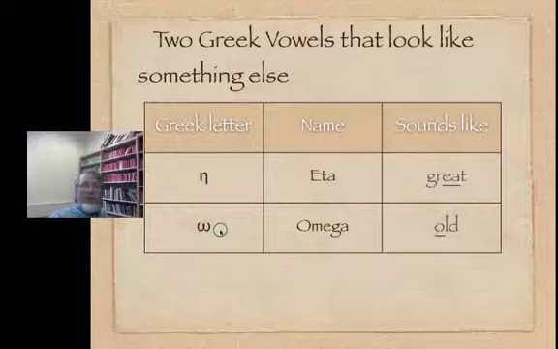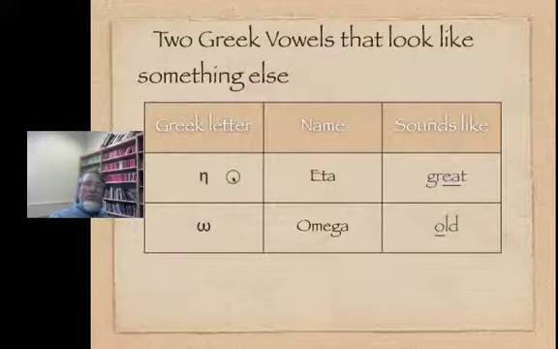So, the epsilon is pronounced with one beat. The eta is pronounced 1, 2. That's a long E in Greek. The omicron, the short O, omicron, you hear it, micron, little o, is pronounced with one beat. Omega, you hear it, mega, big O, is pronounced with 2 beats.